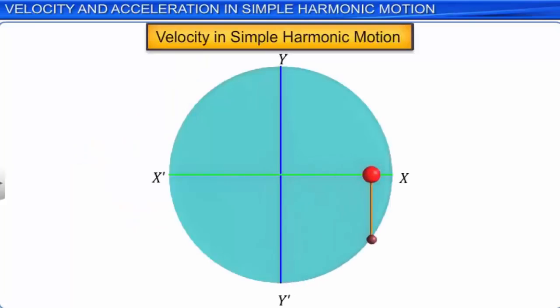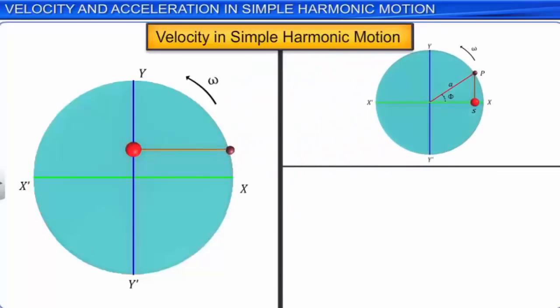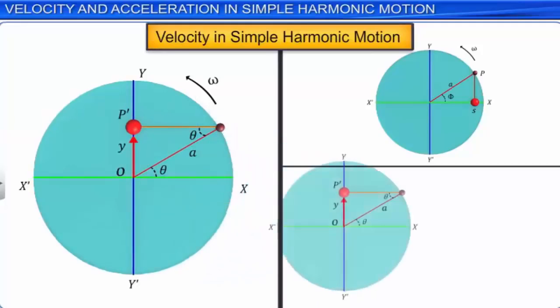As you know, when a reference particle revolves along the reference circle with a constant angular velocity, omega, the projection of the particle on the diameters along the x-axis and y-axis executes simple harmonic motion.